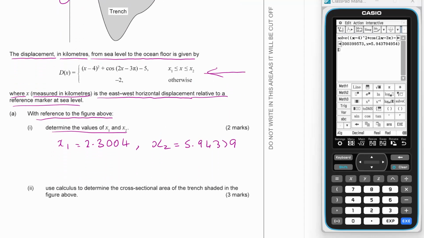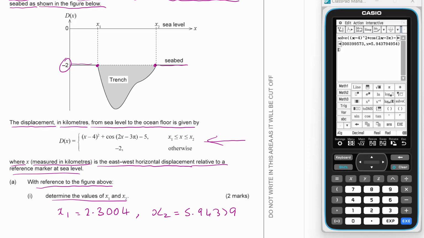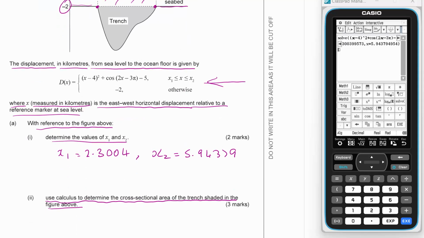We're now asked to use calculus to determine the cross-sectional area of the trench shaded in the figure above. If we did the integral of the function, we would get this area as well as the bit below. So what we could do is the whole area and then take away the rectangle.